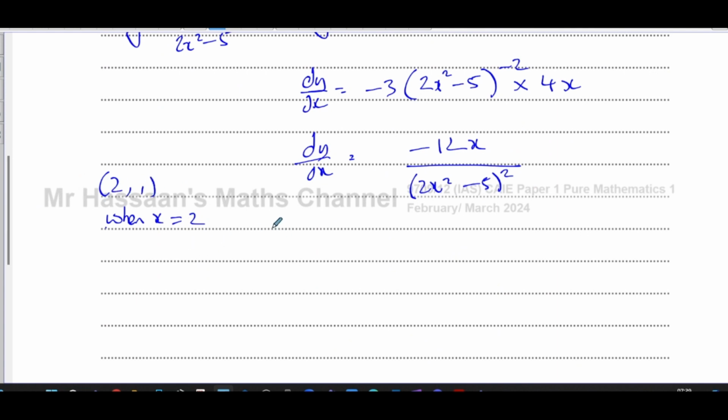When x equals 2, we can say the gradient of the tangent is equal to minus 12 times 2, over 2 times 2 squared minus 5, all of that squared. So you have minus 24 over, 2 times 4 is 8, 8 minus 5 is 3, 3 squared is 9.